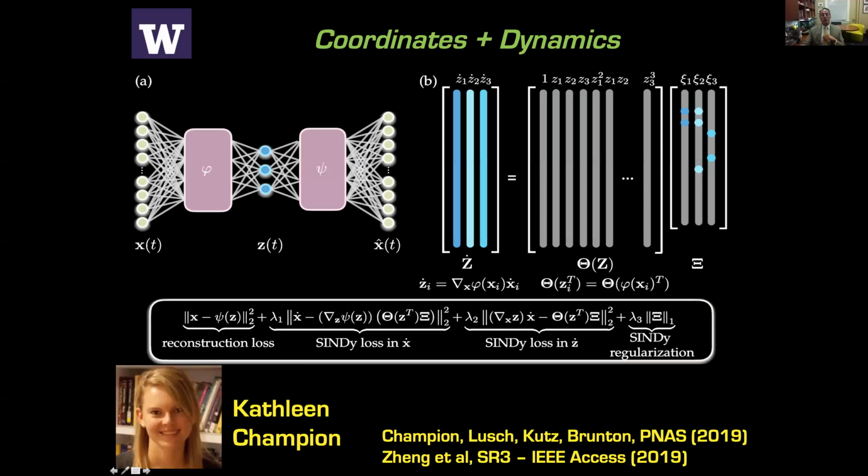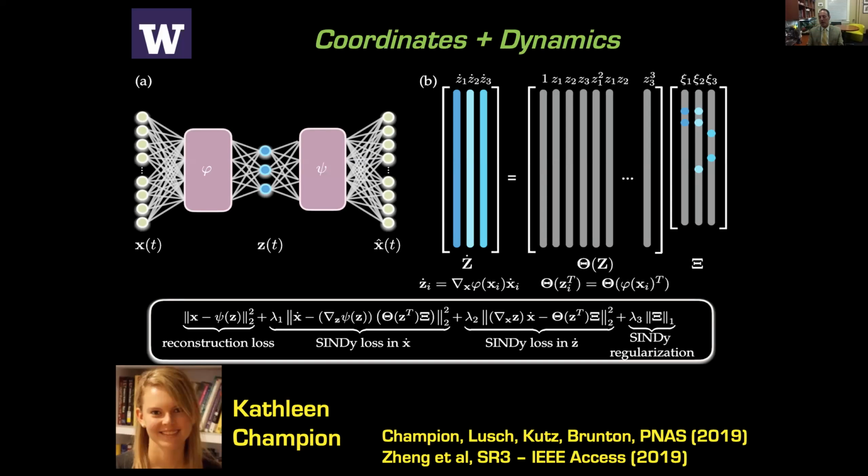Okay, so this was the idea, right? This is the work with Kathleen Champion. So Kathleen did this work. The whole point here is to discover this pairing: find me coordinates, then give me governing equations in these coordinates.